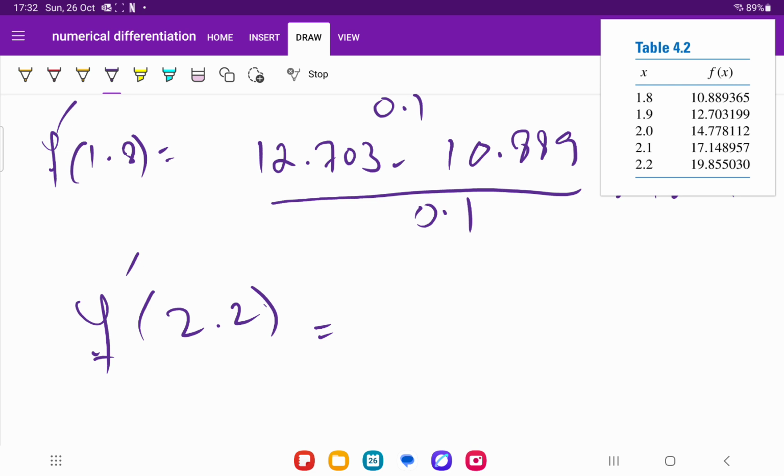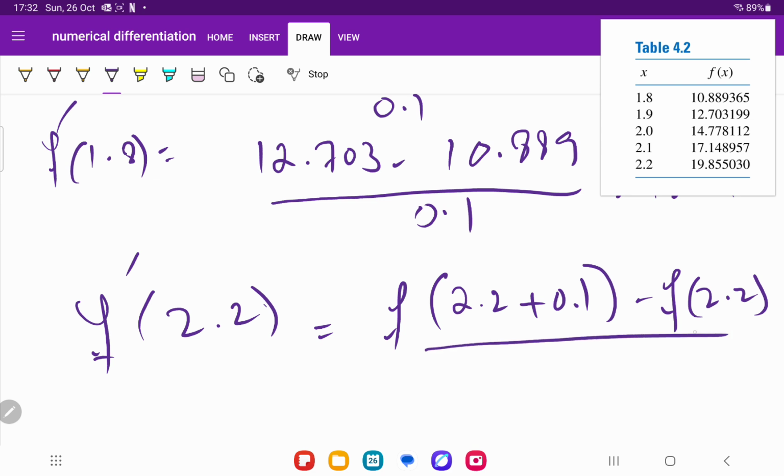So what will be the formula? f of 2.2 plus h minus f of 2.2, divided by 0.1.